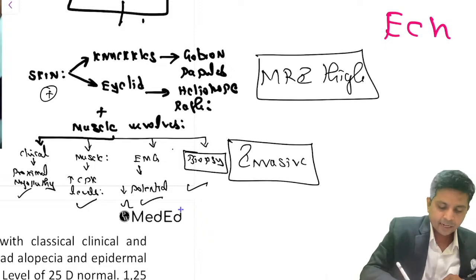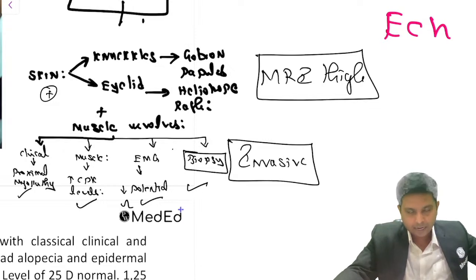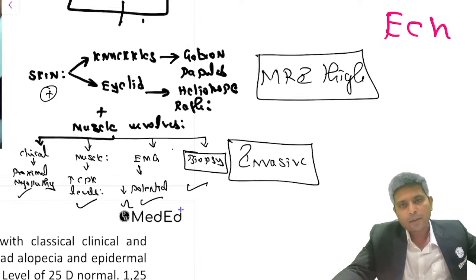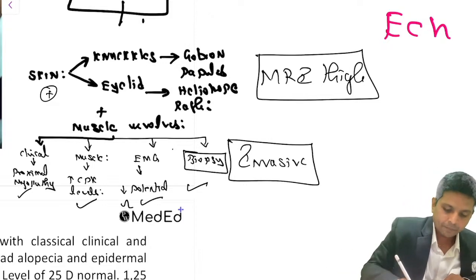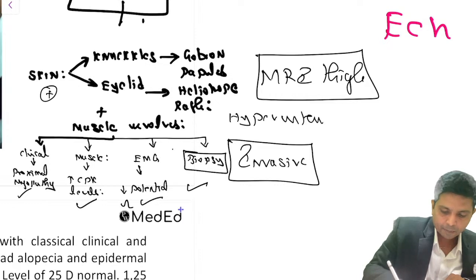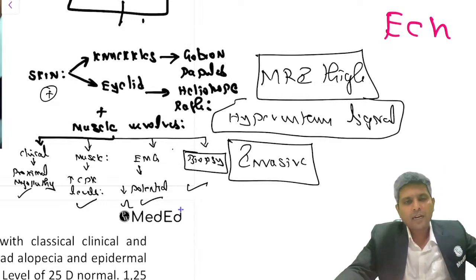When you have skin manifestations like Gotron papule or heliotrope rash, along with elevated CPK, directly do MRI thigh. In MRI thigh, if you get hyperintense signals, then the diagnosis of juvenile dermatomyositis is confirmed.